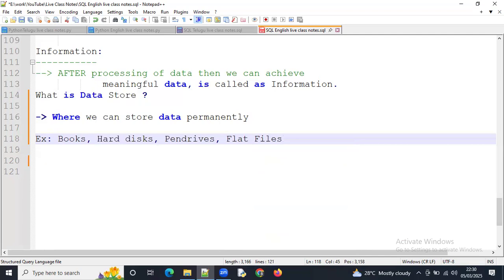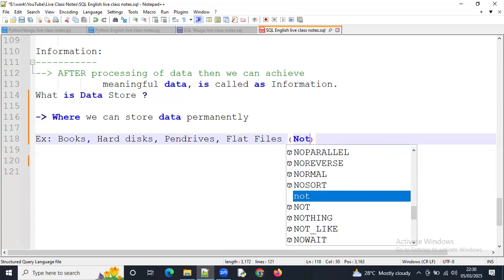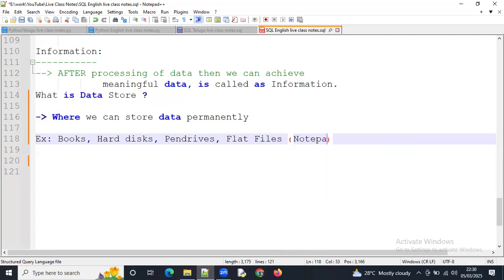What are flat files? Here I am specifying examples of flat files to understand them easily and in a better way. The examples of these flat files are: first one, Notepad, and Word doc.